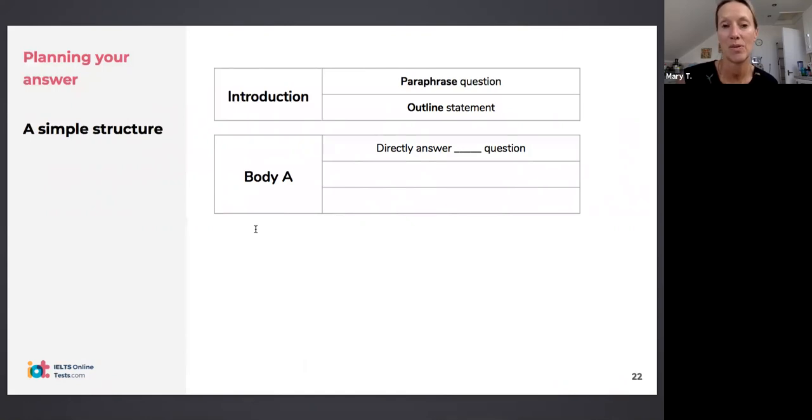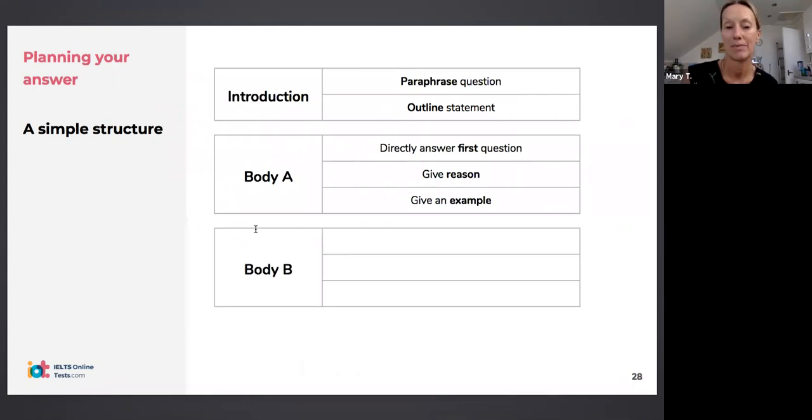Okay, so remember there are two questions in the direct question essay. So you directly answer the first question. And then you give a reason. Good, Hussein. Yes, you give a reason. And then you give an example. Well done, good.